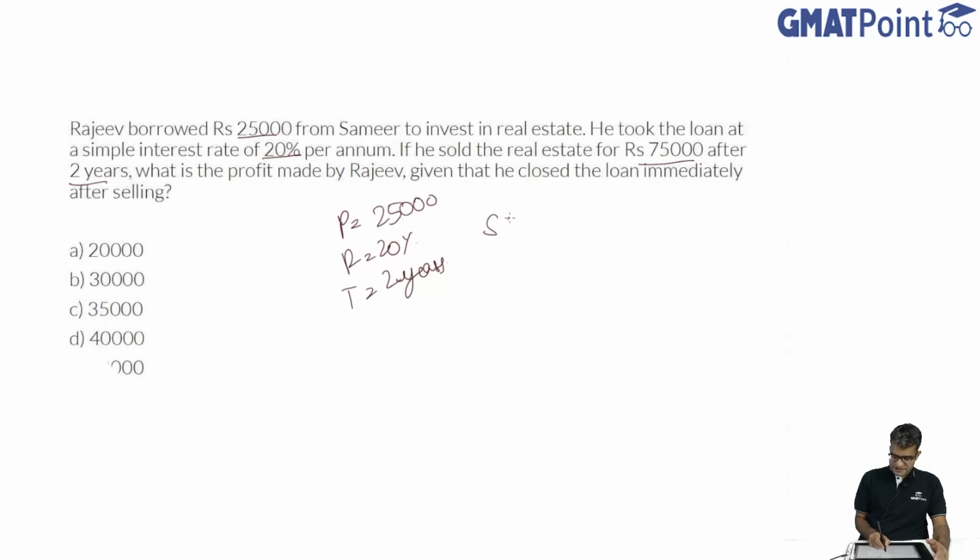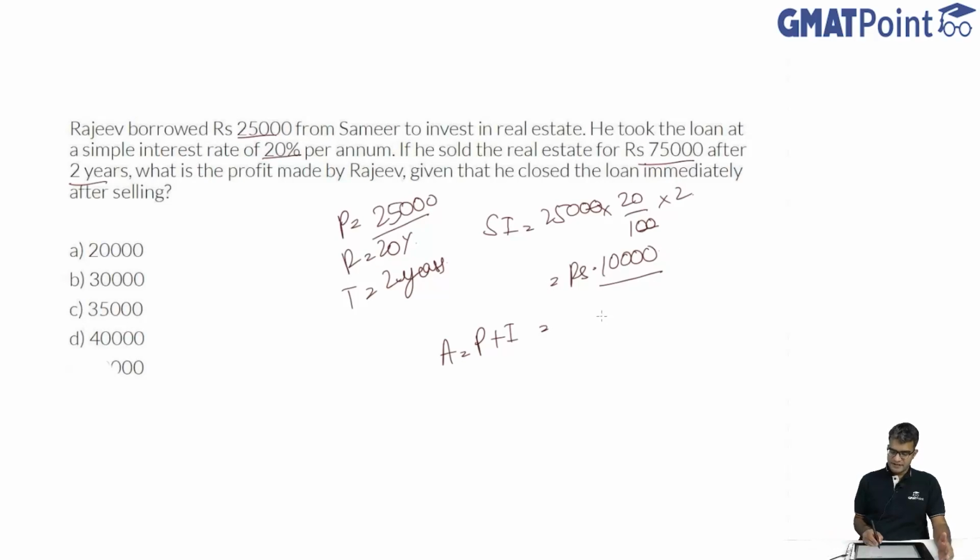So the simple interest on this loan will be 25,000 into the rate of interest, which is 20 by 100, into the time period, which is 2. You can simplify this and this is going to equal 10,000 rupees. So the total amount that he has to return will be the value of principal plus interest, which is equal to 25,000 plus 10,000, that is 35,000 rupees.